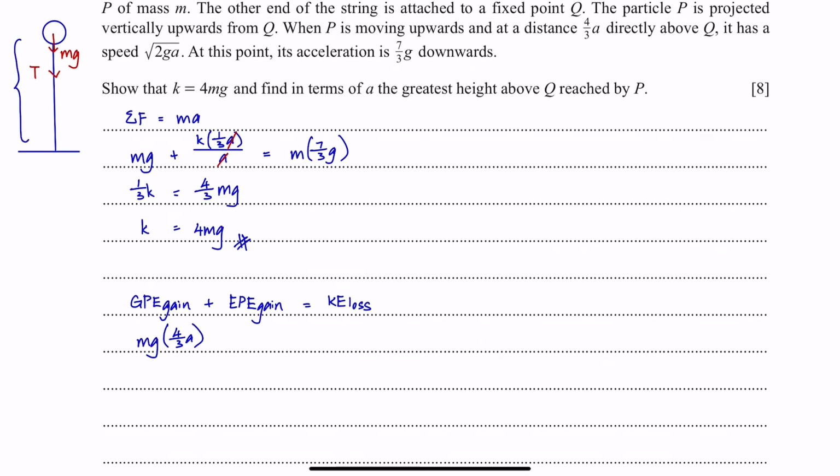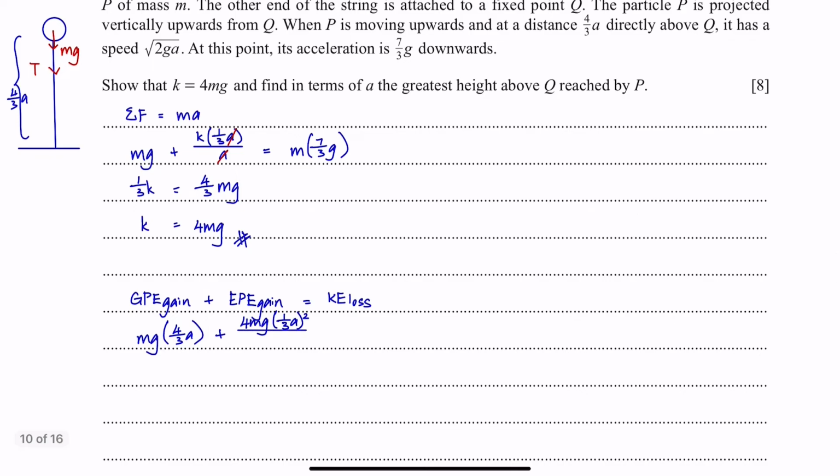This height over here is 4 over 3a, plus our modulus of elasticity, we have found it just now, 4mg times the square of extension, which is 1 over 3a squared, over 2 times our natural length, so 2a, and equal to the kinetic energy loss.